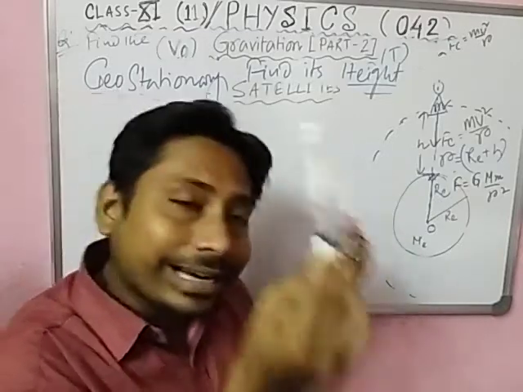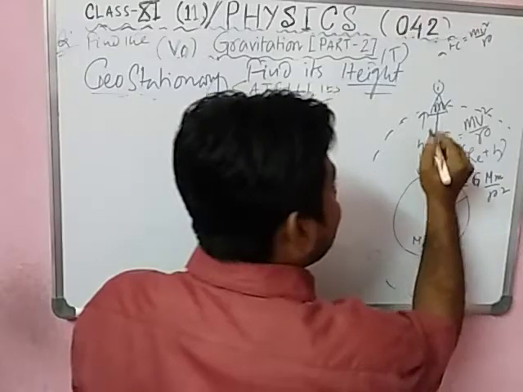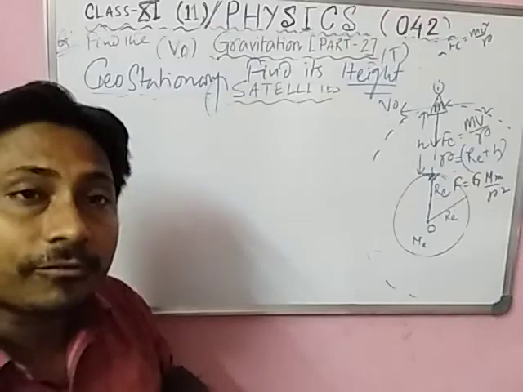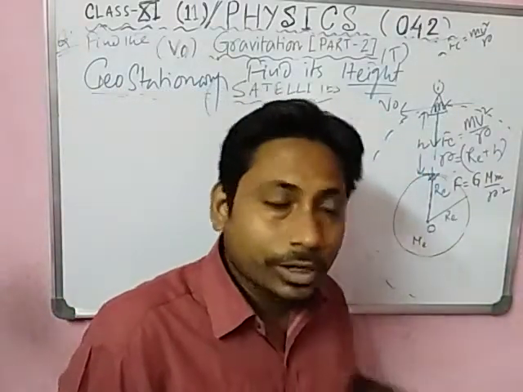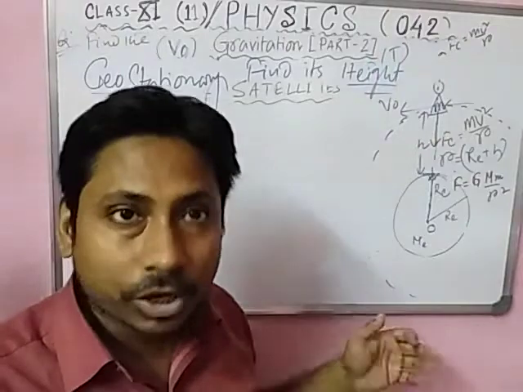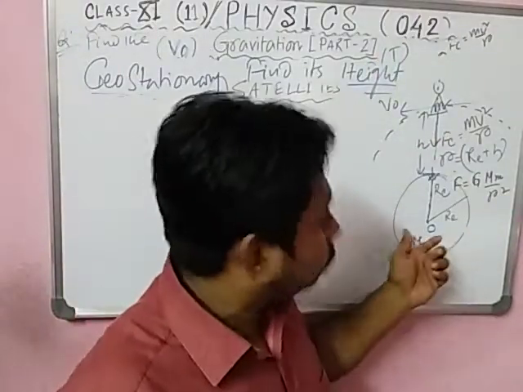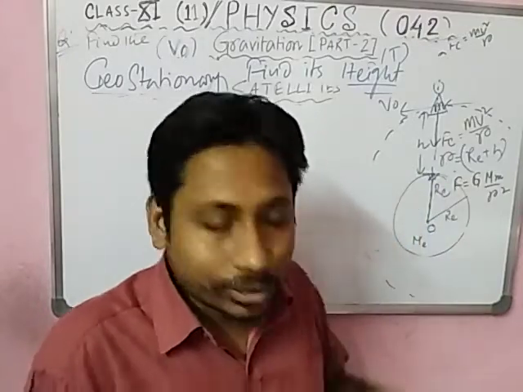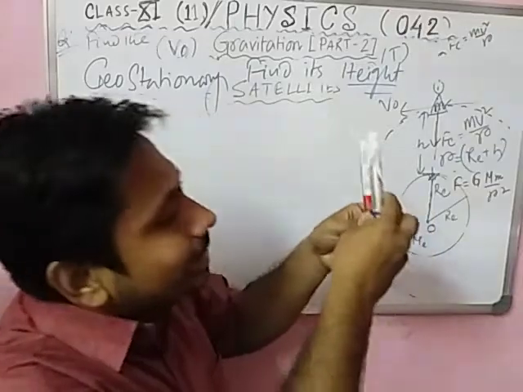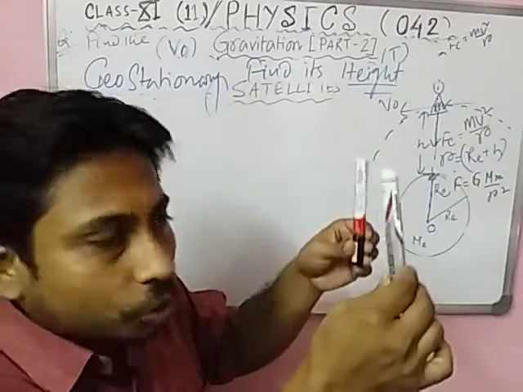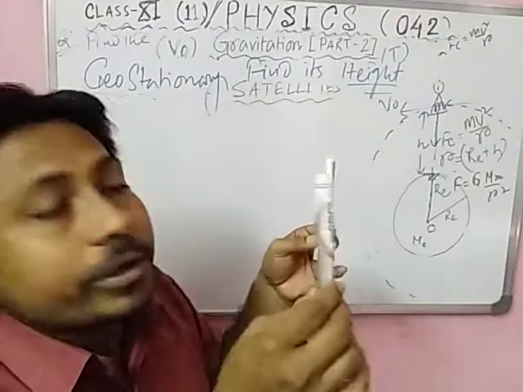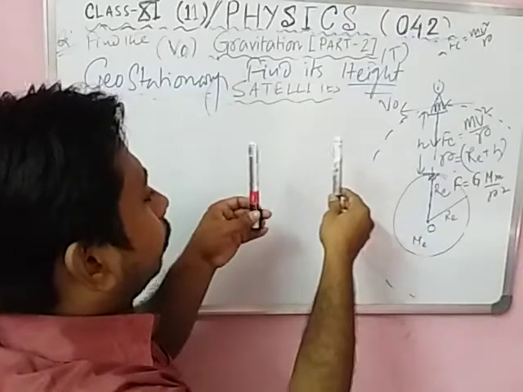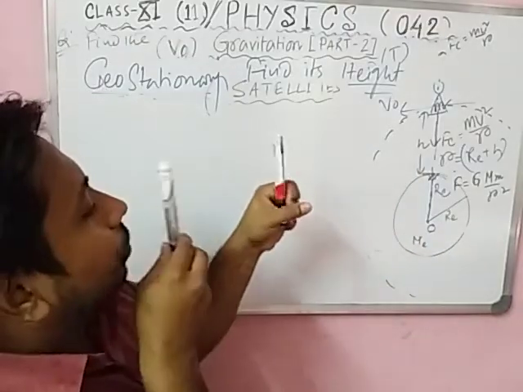If it's a certain height, there is a certain velocity. Suppose at this height the velocity we already calculated is v0, and if you change the height, it will also change the velocity. More height, more velocity, because v is directly proportional to r. So students, it depends on the height. So an artificial satellite which is called GEO, its time period of revolution should be 24 hours. Means Earth revolves in 24 hours and it revolves in 24 hours.